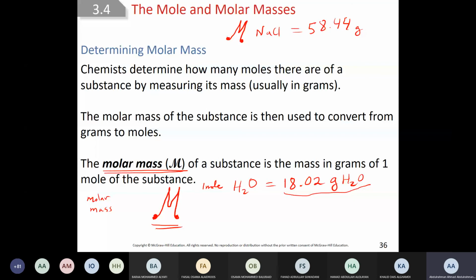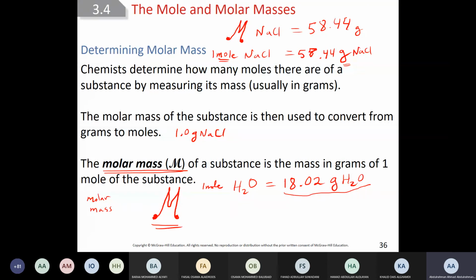Now I want you to keep in mind, very important, that 1 mole of NaCl is equal to what? 58.44 what? Not amu, 1 mole: 58.44 gram of NaCl.